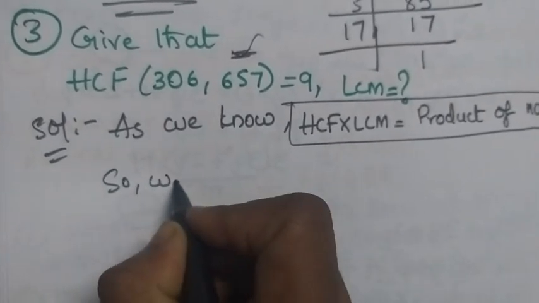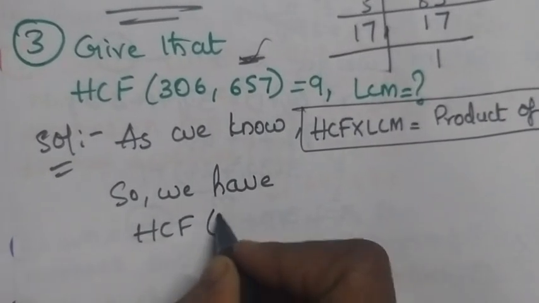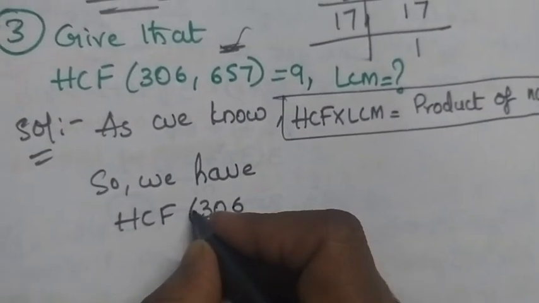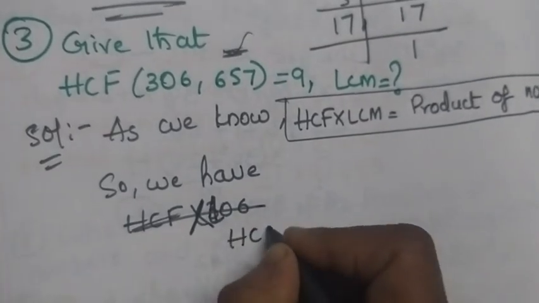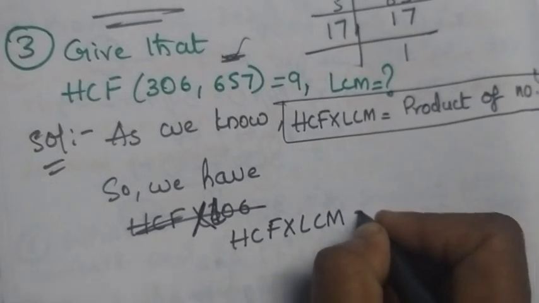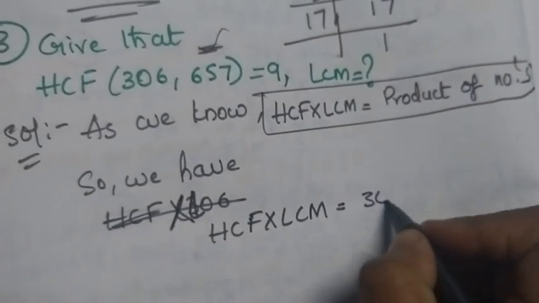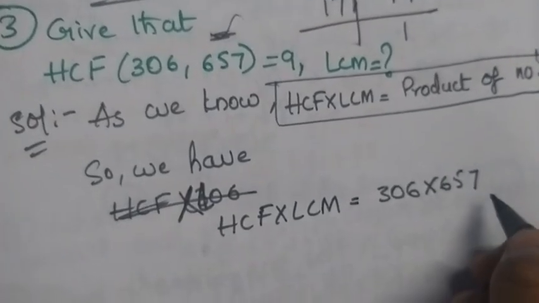So what do we have here? We have HCF of 306, HCF into LCM is equal to the product of the numbers, 306 into 657.